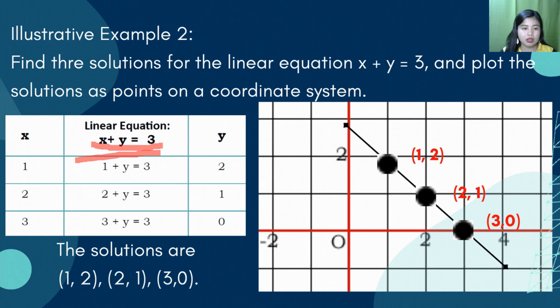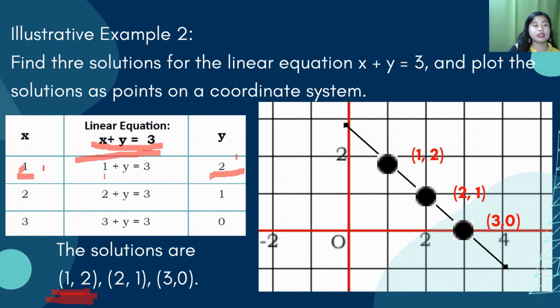Let's try 1. If our x is 1, let's substitute: 1 + y = 3. What number will you add to 1 to get 3? Of course, 2. So (1, 2) is a solution.